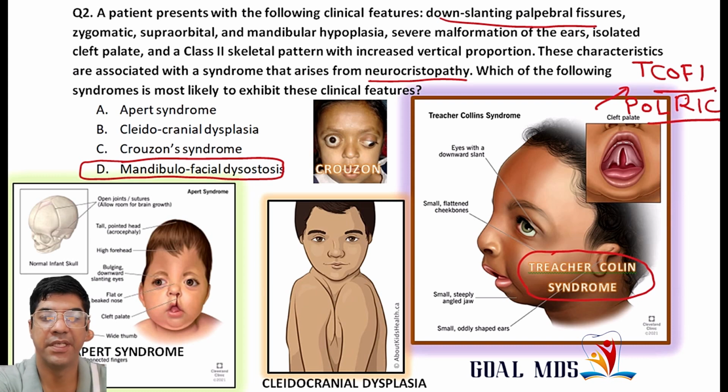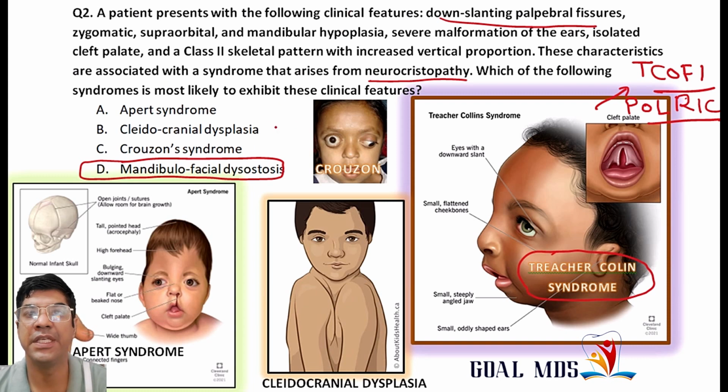These mutations disrupt the normal formation of the bone and tissue in the head. So a patient with mandibulofacial dysostosis will show facial abnormalities, including underdeveloped cheekbone. The cheekbone will be small and flattened.